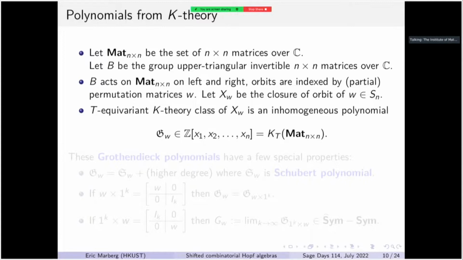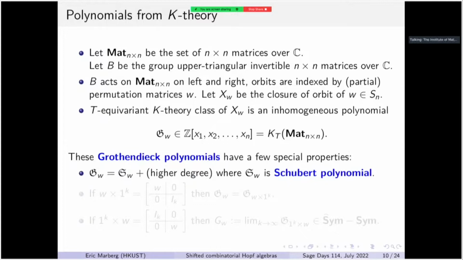Unlike the story for the flag variety, if you're familiar with Schubert calculus, there's no quotient by an ideal here. The K-theory class is literally an explicit polynomial. Maybe I've secretly made some variable changes just so things work out nicely, but this is unambiguous. This story is from Knutson and Miller's work.